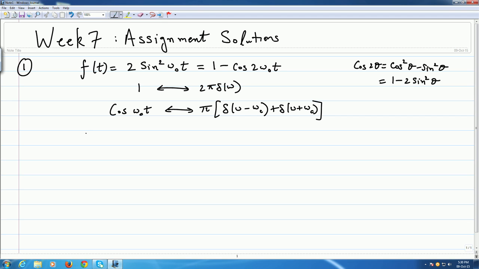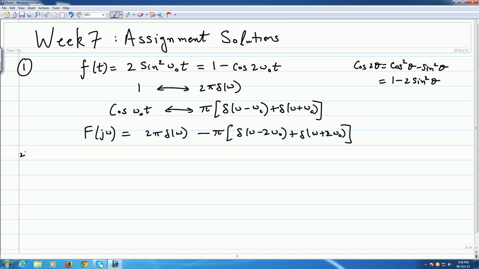Okay. So, now we use these two things and we find that capital F of j omega is simply going to be 2 pi delta of omega minus pi times delta of omega minus 2 omega naught plus delta of omega plus 2 omega naught. Okay. So, that is the answer for the Fourier transform in the first question.